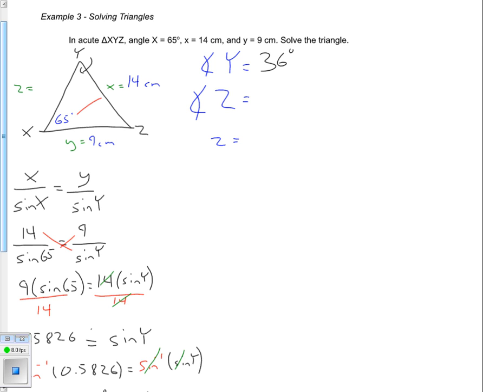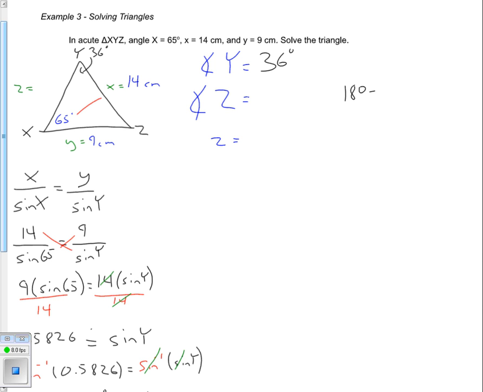So if angle y is 36 degrees, I now have enough information actually to figure out what angle z is. Okay, angle z is going to be 180 degrees minus the other two angles, okay? Because all three angles must add up to 180 degrees.